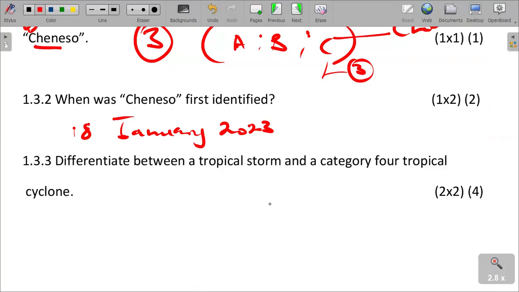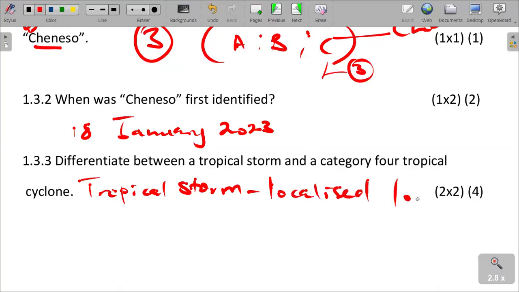A tropical storm is actually a localized low pressure system over a warm ocean.